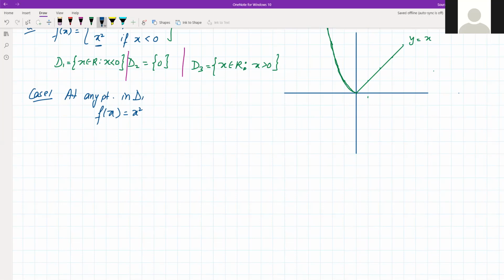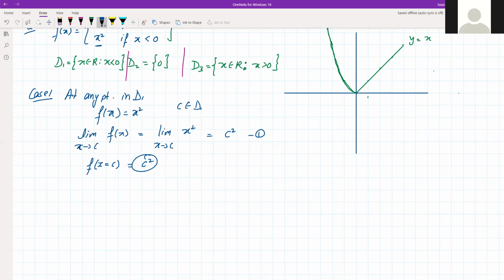If you have to prove it, you can do the same thing: let x tend to some point c, where c belongs to D1. The limit of f(x) is the limit as x tends to c of x square, and that equals c square. Then we find the value of the function at x equals c, which will be c square.